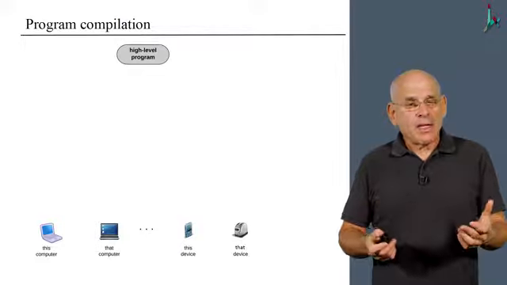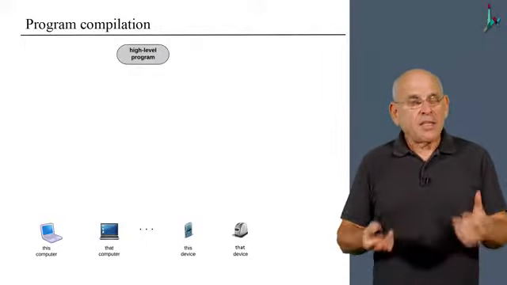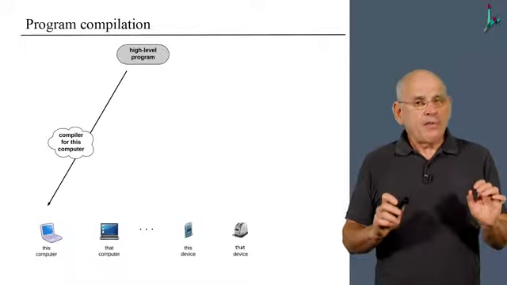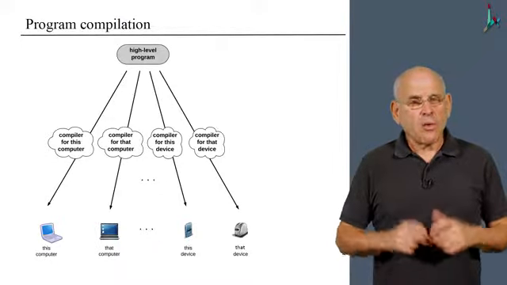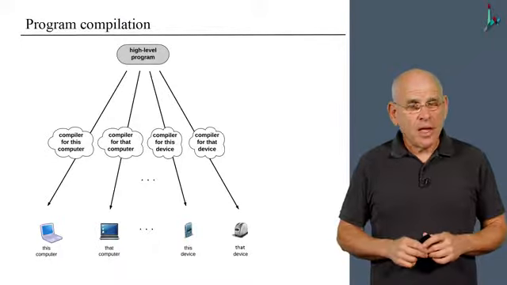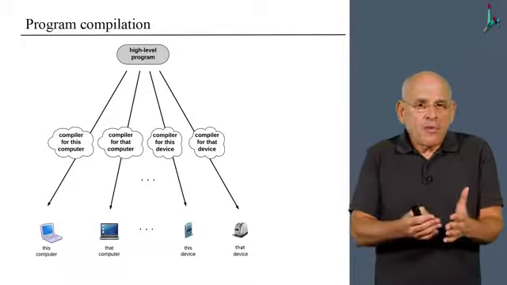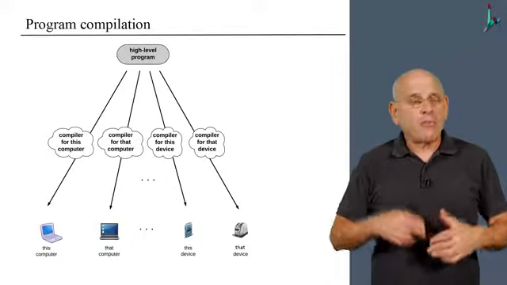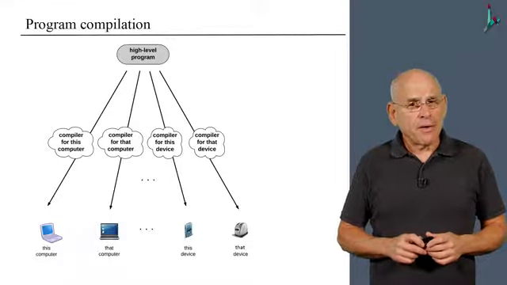And the problem is that many of these devices use different processors. And these different processors have different machine languages. So it's not enough to write one compiler only. You have to develop many compilers, one for every different processor. And if you're a practicing software developer, you have to translate your program to many different target platforms. You have to maintain multiple versions of your code, which is a major pain.